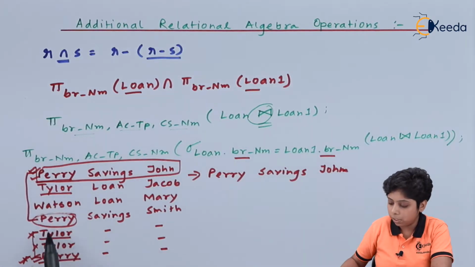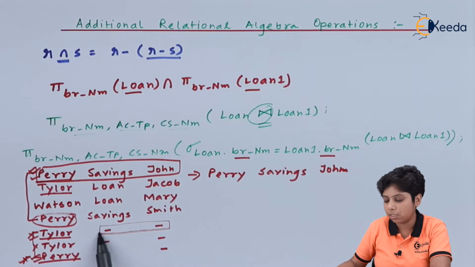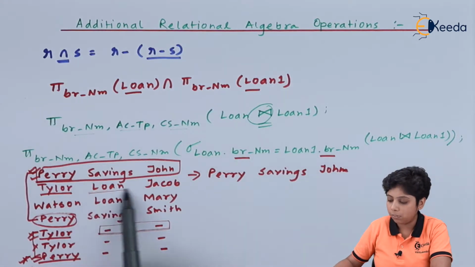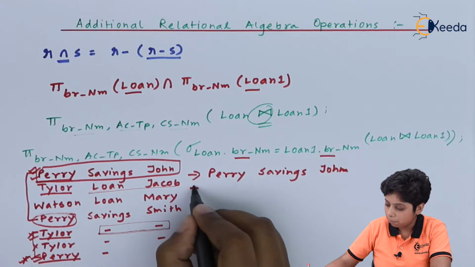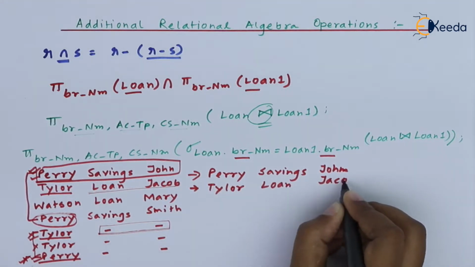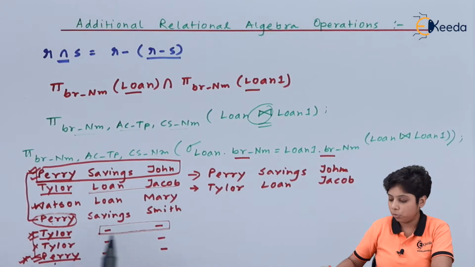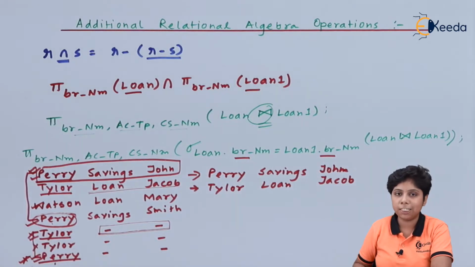So now Tyler is matched with this Tyler, and then we will have the result, and we don't have anything new in this relation, so we need to put all the results of this one directly in our output. Now Watson will not be matched with this Tyler or Perry, and Perry will not again be matched with this Tyler, but with this Perry. So again, this Perry information will go to the output.